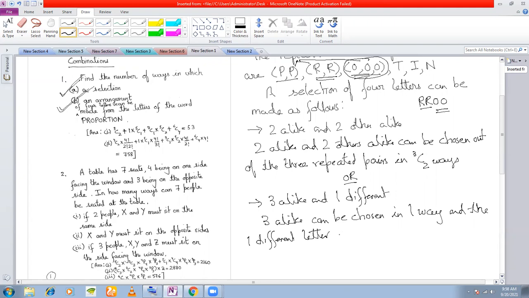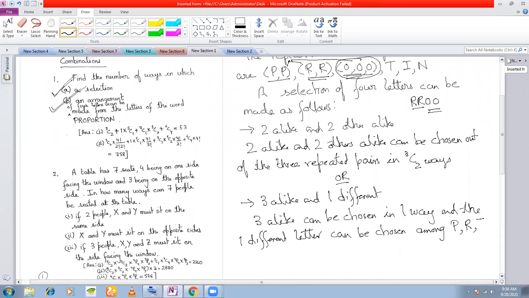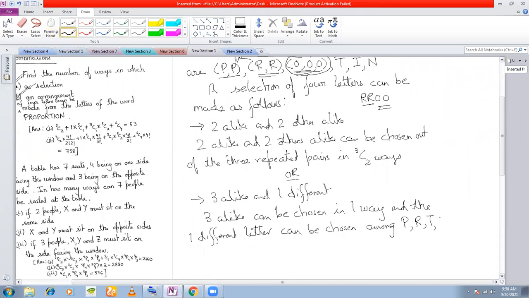It can be chosen among P, R, T, I, and N. So out of five, you have to choose one. In how many ways can you do it? 5C1 ways.